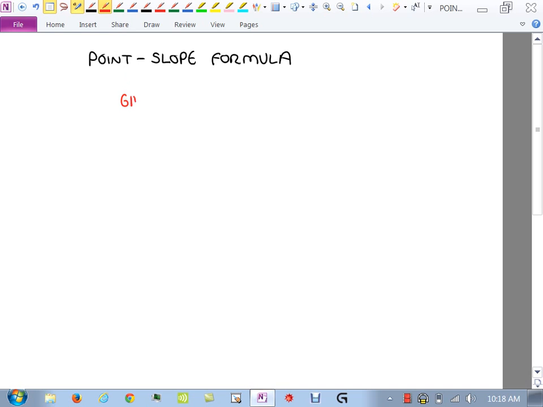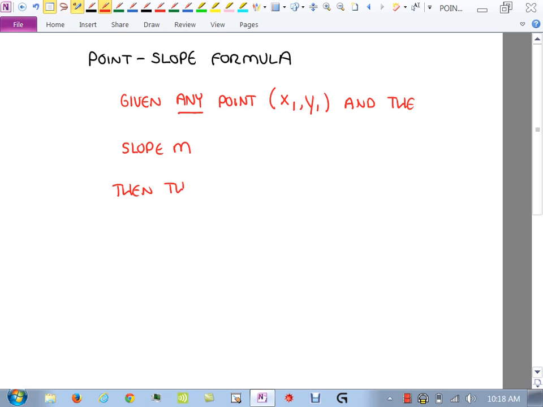So I'll put here, given any point, and that's the big thing, any point, and we'll call it x1, y1, and the slope, m, then the equation of the line is, and here's the formula, y minus y1 equals m times x minus x1.